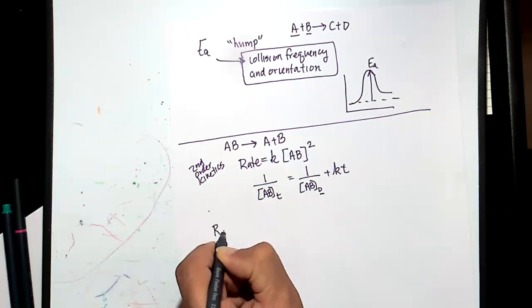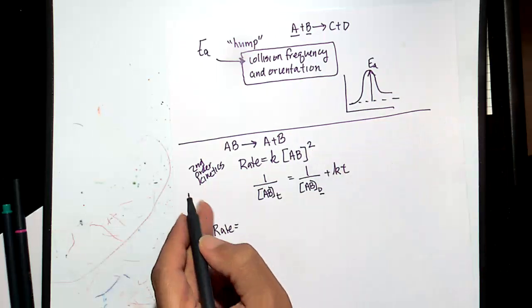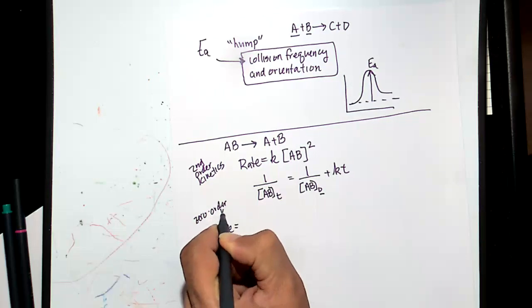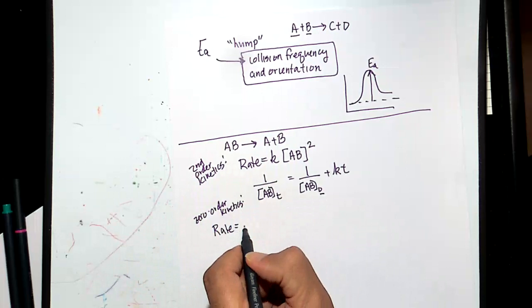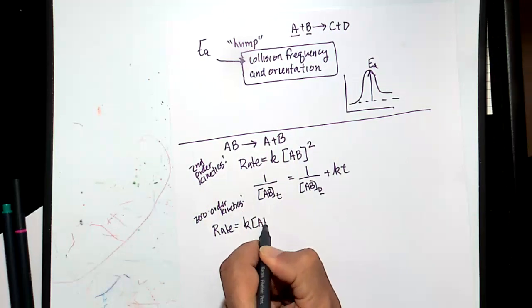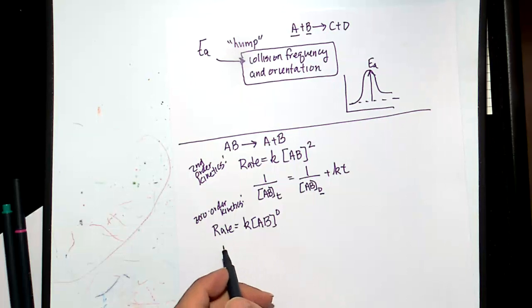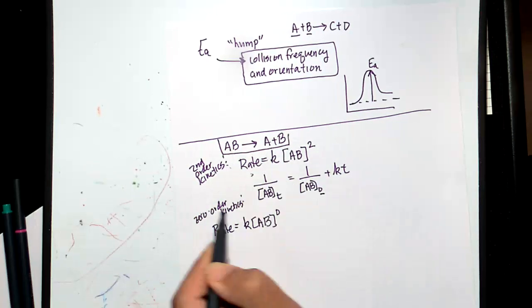How about I ask you this? What happens if I give you this and say it is zero order kinetics, or zero order decay? What does that mean? Here's second order kinetics for this reaction.